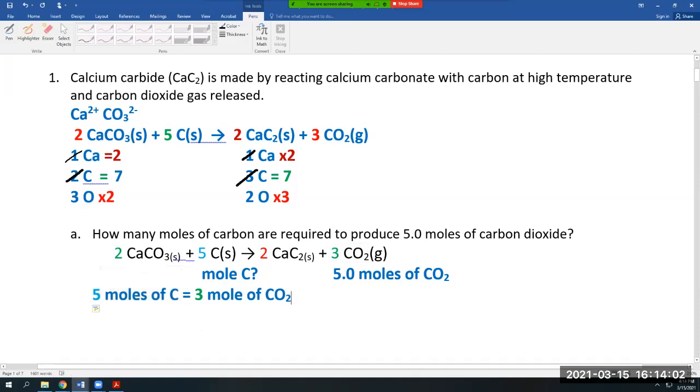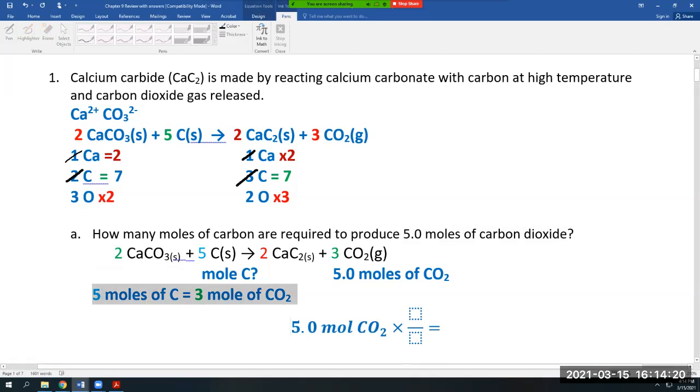And so this is an equality which can be used as a conversion factor. And here, what is given to you is those 5 moles of carbon dioxide. So to do the calculation, you will just start with the 5 moles of CO2 and then use this mole to mole relationship as a conversion factor.